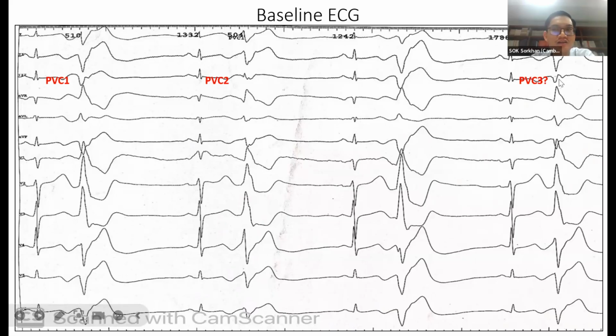Another PVC in lead 3, maybe PVC3, is from the same location but a different axis. So maybe she has a lot of PVC from the papillary muscle. We don't know yet, so we tried to do mapping.